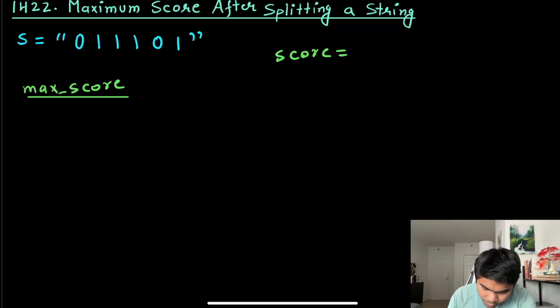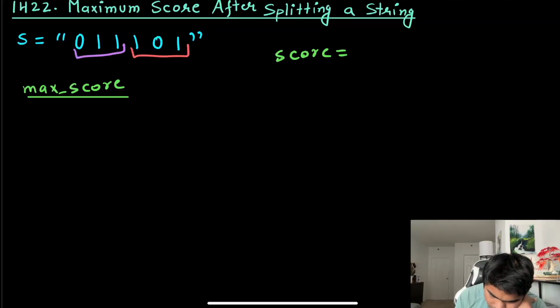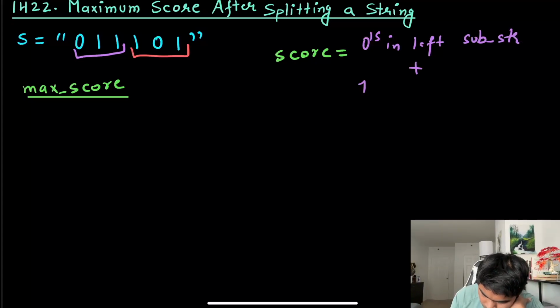defined as if you split the string into two non-empty parts. So let's say if you split this string into basically this part and let's say this part, now the score is basically zeros in left substring plus ones in right substring.